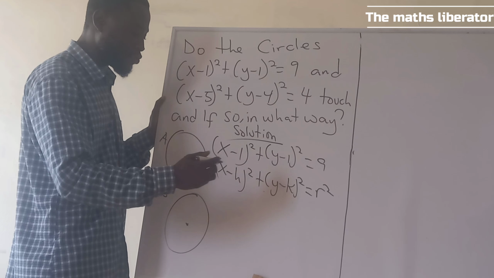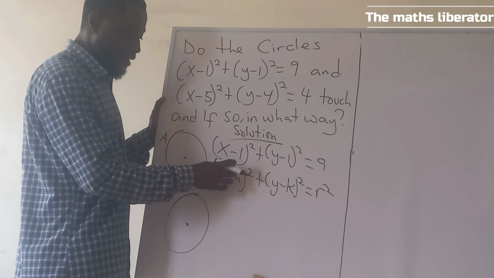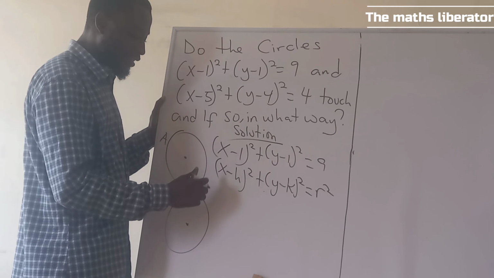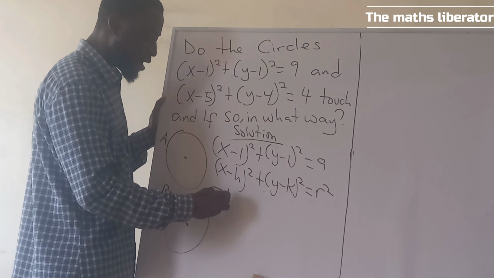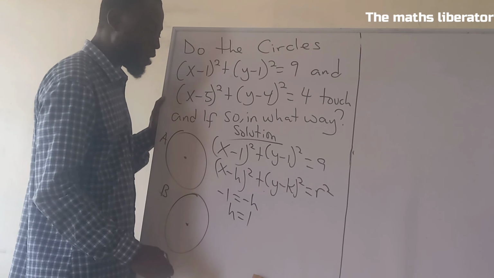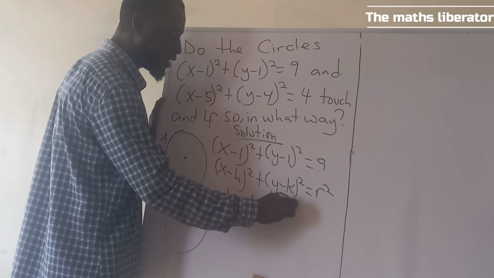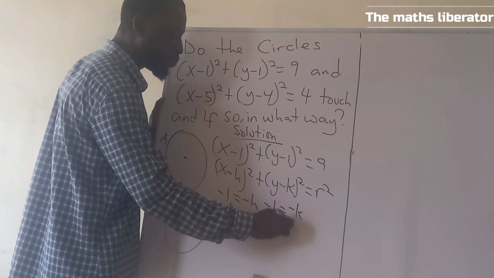After this, you compare. So let's compare the negative 1 and the negative h by equating them. Negative 1 equals negative h, so h becomes positive 1. The same applies here: negative 1 equals negative k, so k also becomes positive 1.